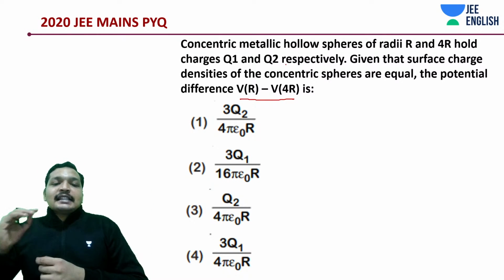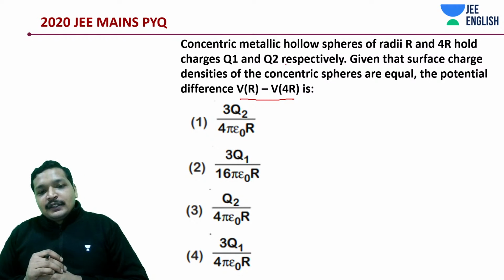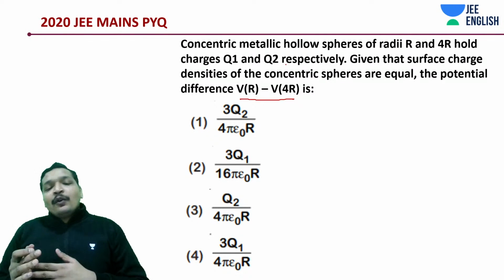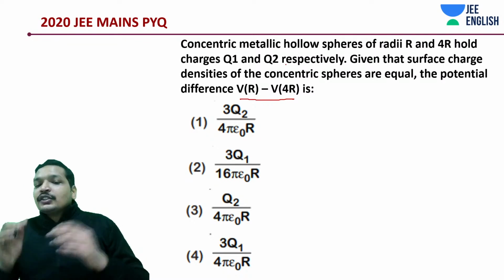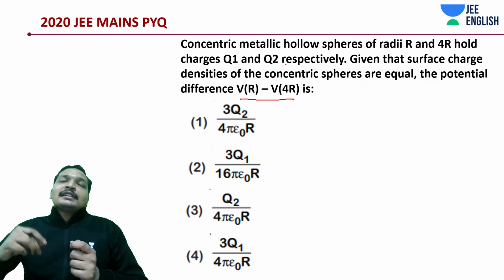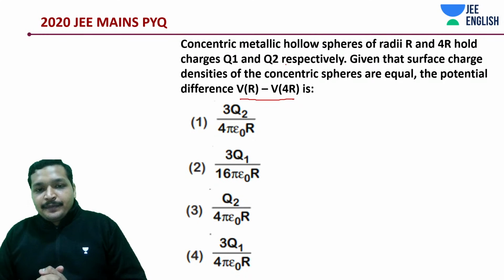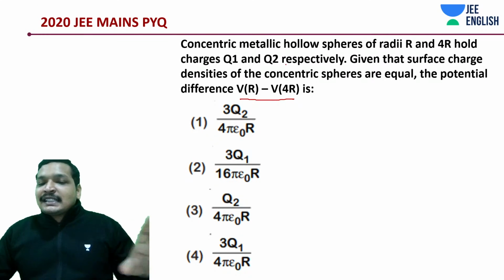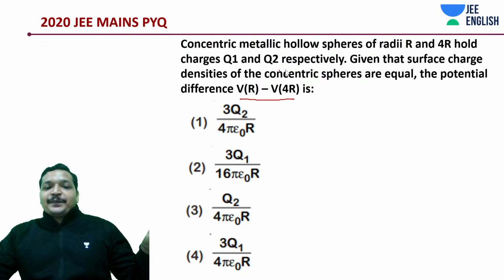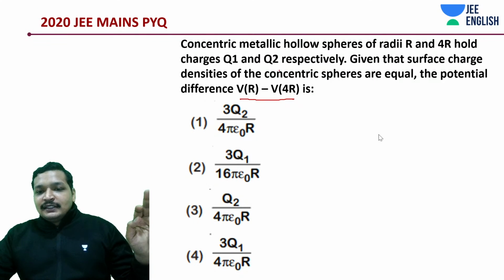So it's basically 3kq1 by 4r. What is k? 1 by 4 pi epsilon naught. So it should be 3q1 by 16 pi epsilon naught r. 16 is the key.